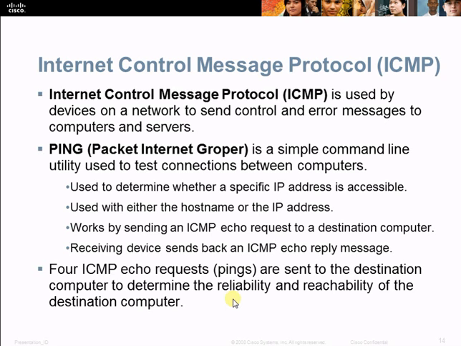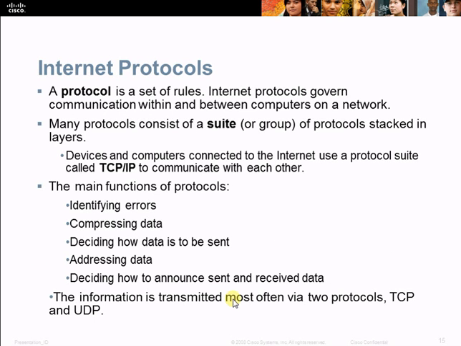So we have our internet protocols, and a protocol is a set of rules, and internet protocols govern communication within and between computers on a network. So this is very important. Many of these protocols consist of a suite, or a group of protocols, stacked in layers. The big one that we think of is TCP/IP to communicate with each other.